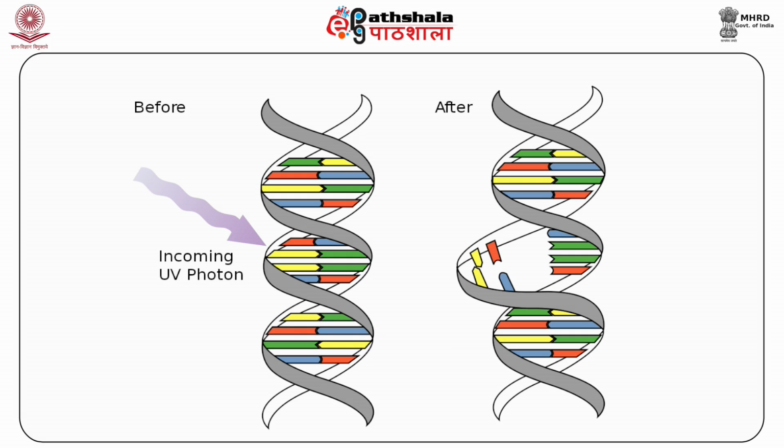Ultraviolet light can induce adjacent pyrimidine bases in a DNA strand to become covalently joined as a pyrimidine dimer. Ultraviolet radiation, in particular longer wave, can also cause oxidative damage to DNA.